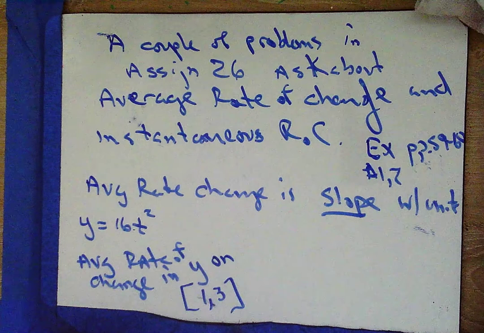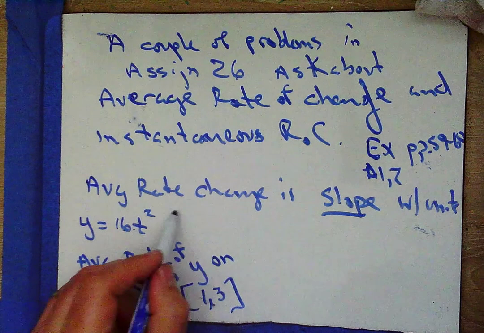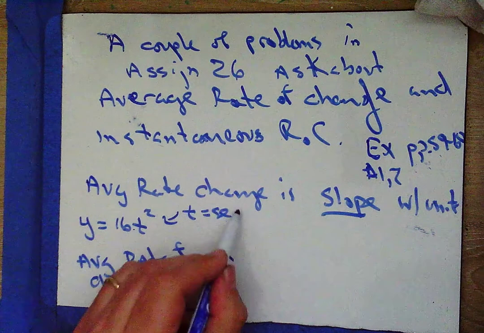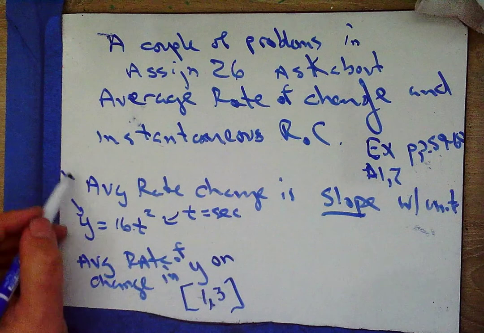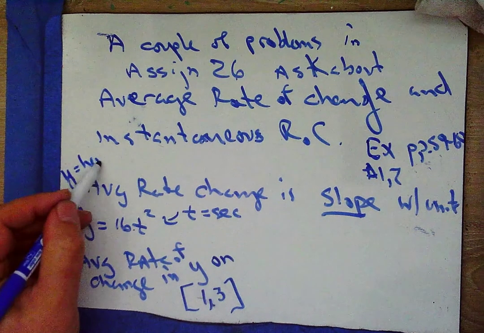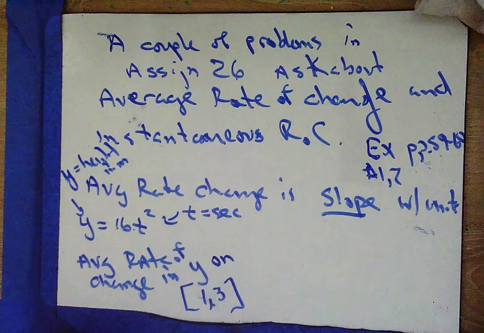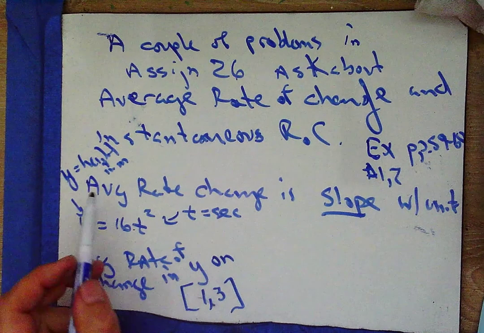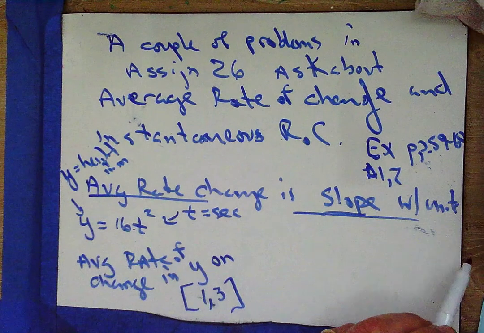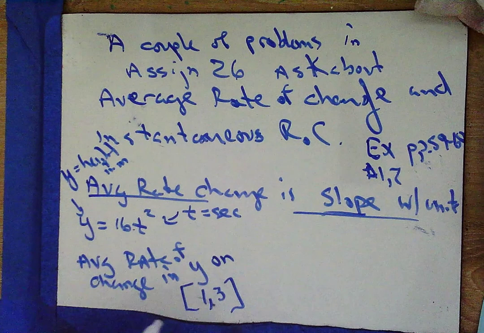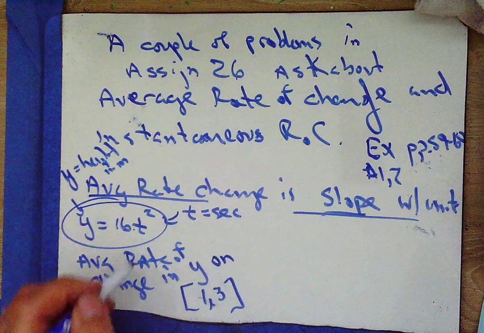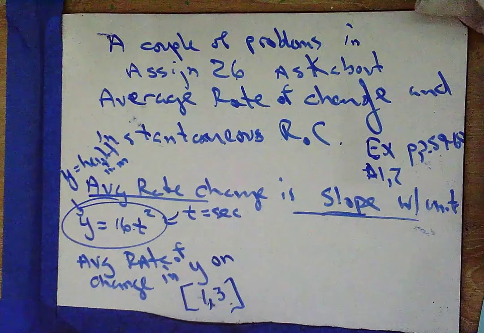Okay, so, oh, and I need units, so how about t is seconds and y is height in meters. Okay, so how do we do this? Well, average rate of change is slope with units. So average rate of change is the slope on that function between these 2 points.